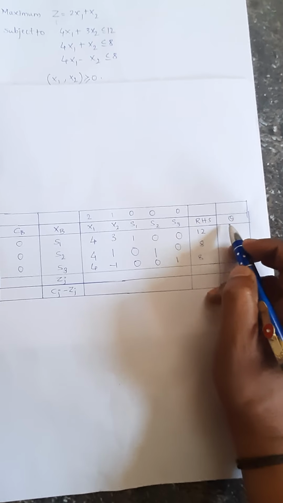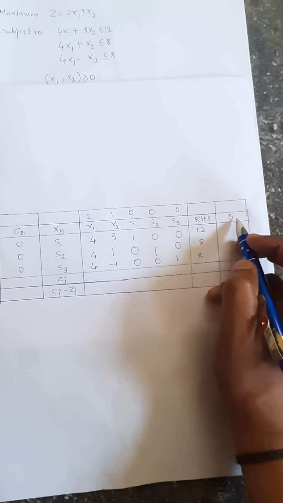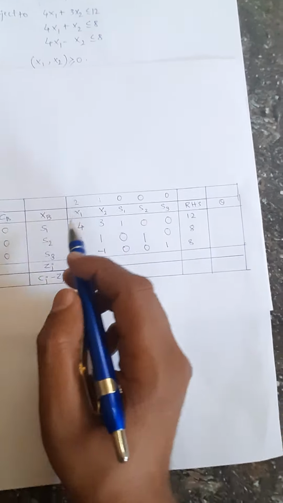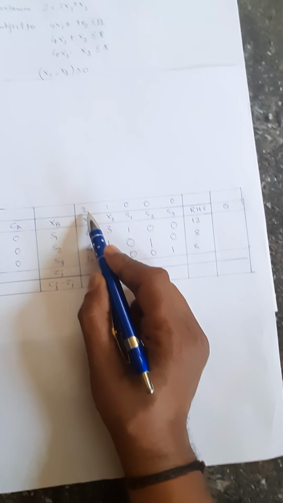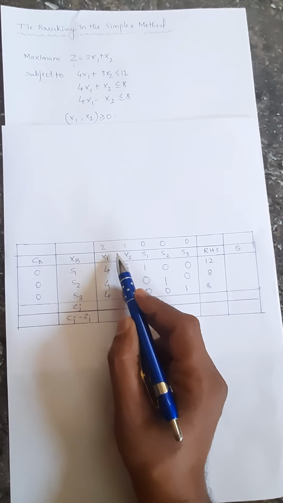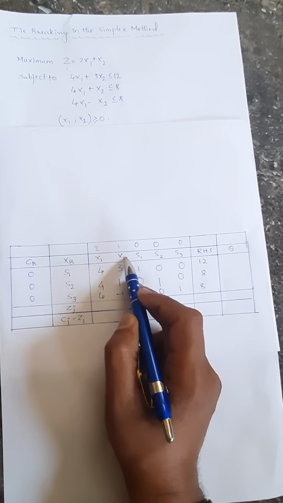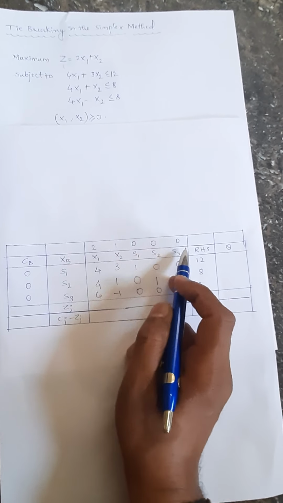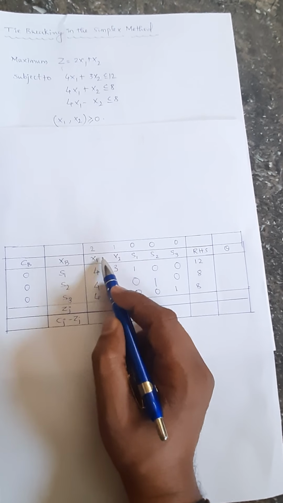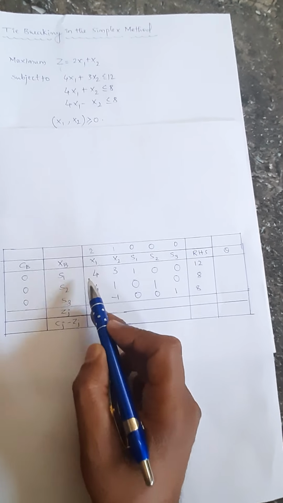This is the RHS value, and this is theta, the minimum ratio. In the objective function, 2x1 plus x2, so 2, 1, 0, 0, 0. These are the coefficients of these 5 variables.